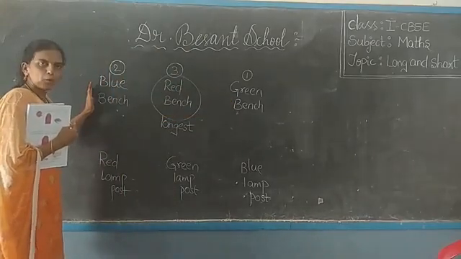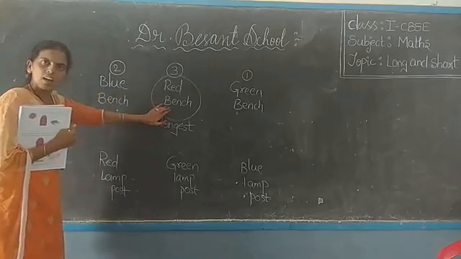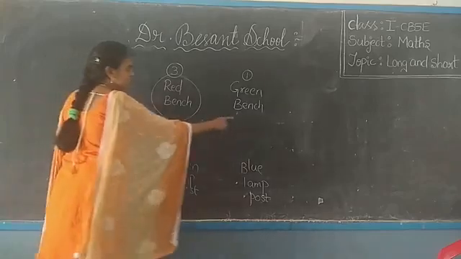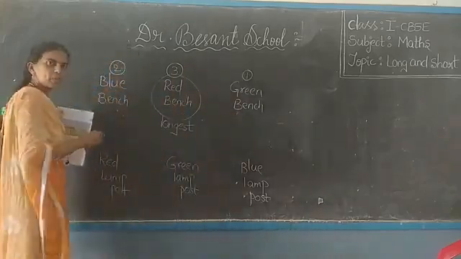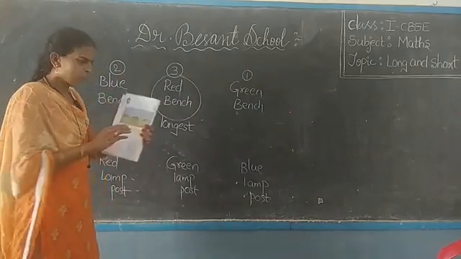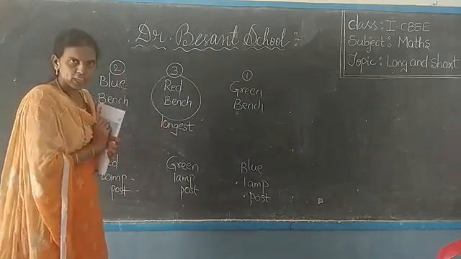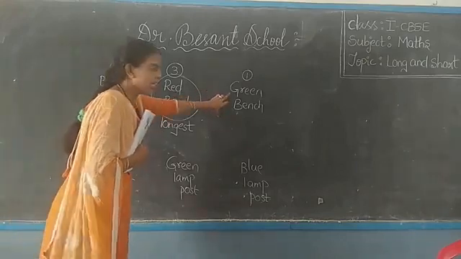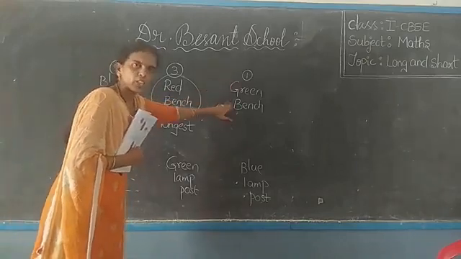And after this blue bench, the red bench is the longest. Is it clear? Among these 3, you can easily identify the length of the benches by observing them. We came to understand that the green bench is the shortest bench.